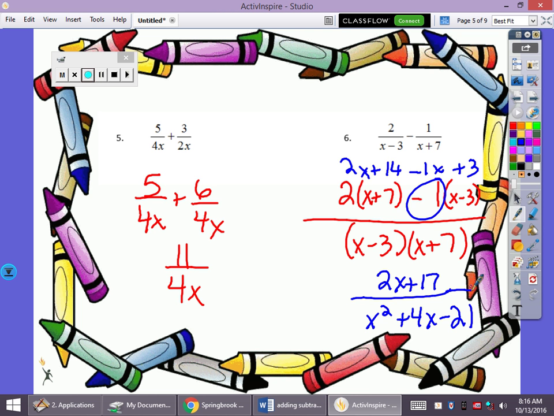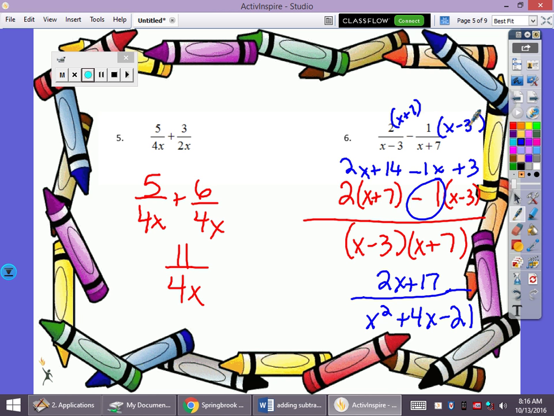One x. No, guys. The common denominator is x minus 3 times x plus 7, right? So this needs to be multiplied by x minus 3. And this has to be multiplied by x plus 7. 2x plus 14. Negative 1 times x is negative 1x.